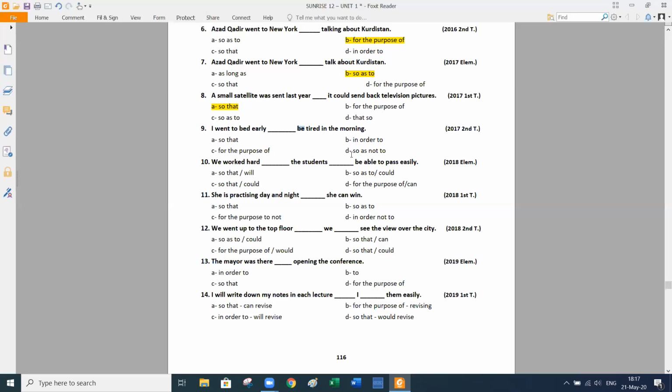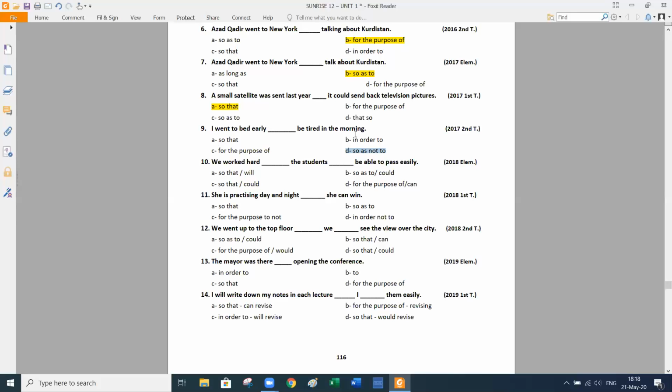Okay, so I have B and D as correct structures. But B is positive, D is negative. The structures are correct, but one of them is positive, one of them is negative. So in this case, we need to look at the meaning of the sentence. Do we need positive or negative? Which one makes more sense? So let's look at the sentence. I went to bed early in order to be tired in the morning.